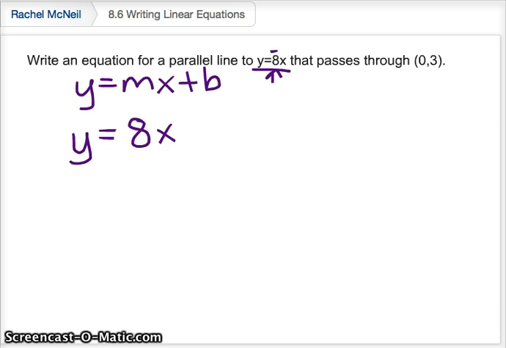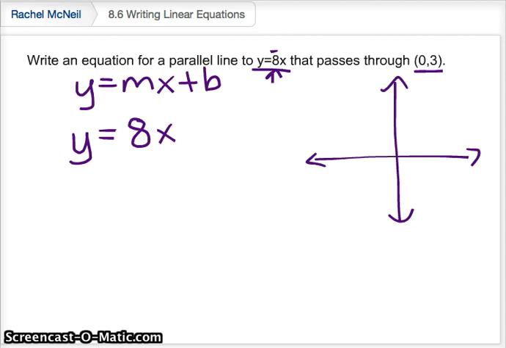Now, I need to figure out what the y-intercept is for my equation. Well, I know that it passes through the point 0, 3. And if I were to plot that on a graph, I would find that that is a point on the y-axis. So this point happens to be the y-intercept.